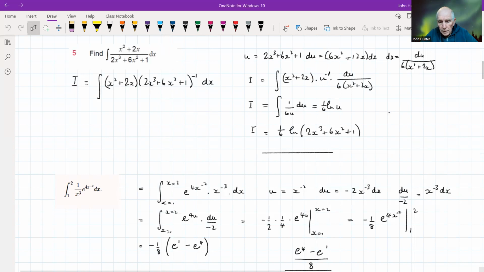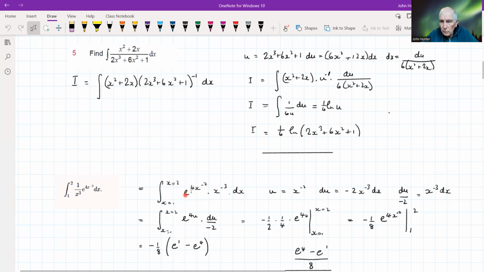Okay, so that is that one, and the final example, pretty much on the same lines, really. If we write the integral like this, the integral between 1 and 2 of 1/x cubed times e to the power of 4x to the power of minus 2, a pretty ugly looking thing it is. But if we bring this denominator up and write it as a negative power, we see this is a composite function.